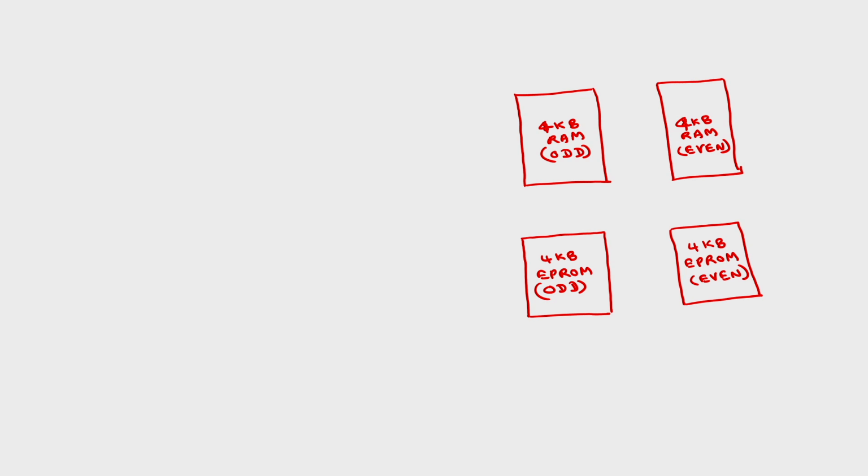How many data lines and how many address lines will there be? This will have 12 address lines, because 2 raised to the power of 12 is 4K. So this is A12 to A1. From 1 to 12 is a total of 12.